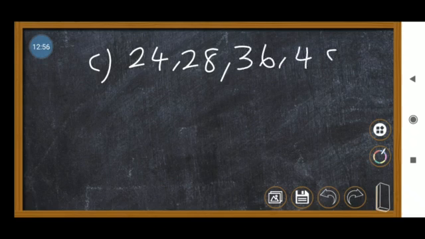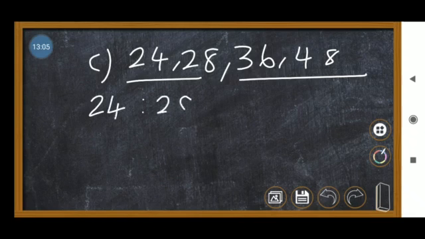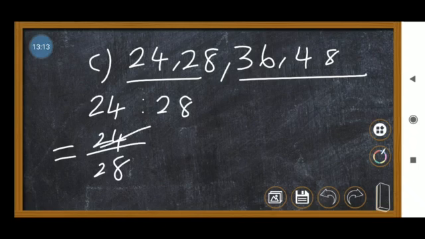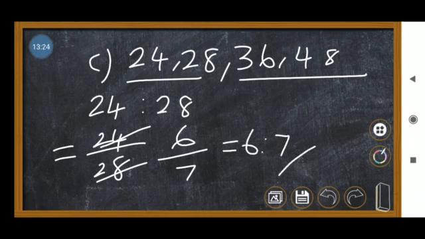So first one, 24 is to 28, means 24 divided by 28. Okay. So that means we divide it by 4. So 6 4s are 24, 7 4s are 28, and 6 divided by 7, that means we can write 6 is to 7. So this is the first case ratio.